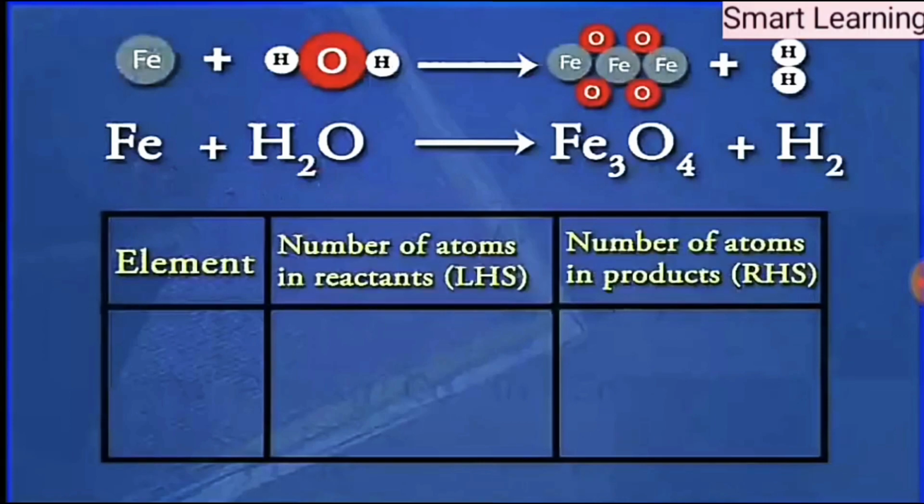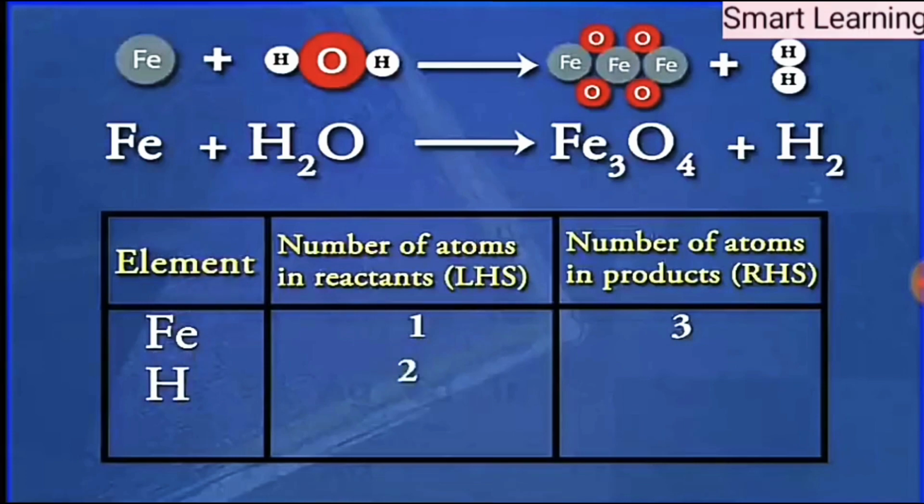List the number of atoms of different elements present in the unbalanced equation on either of the sides. After listing and identifying the different atoms, start balancing the equation with the element having the maximum number of atoms in a compound.